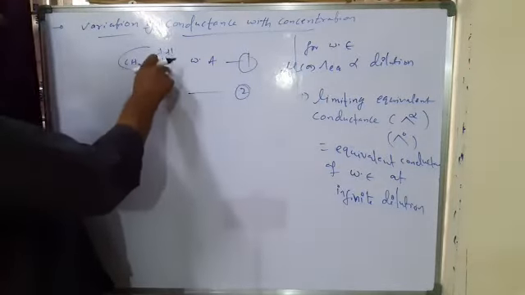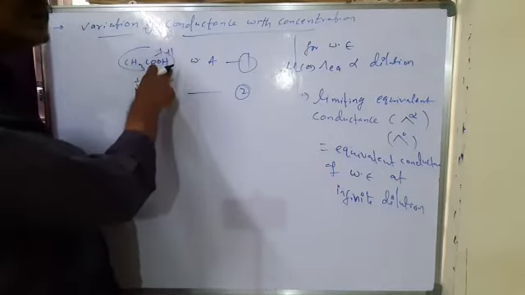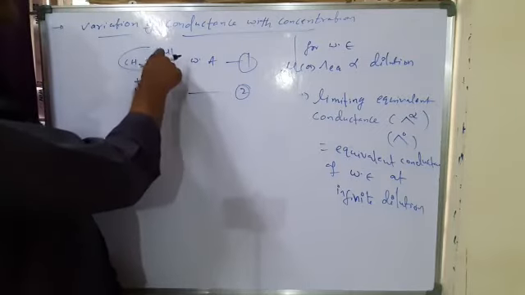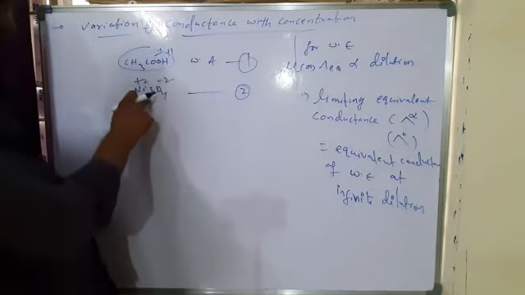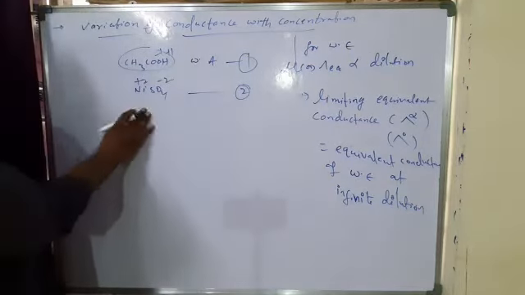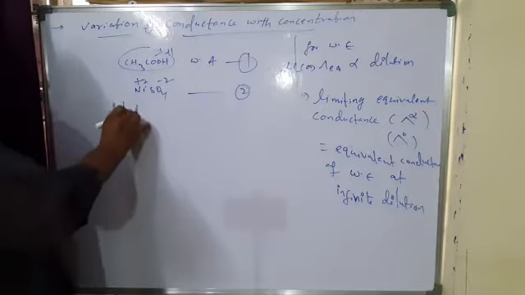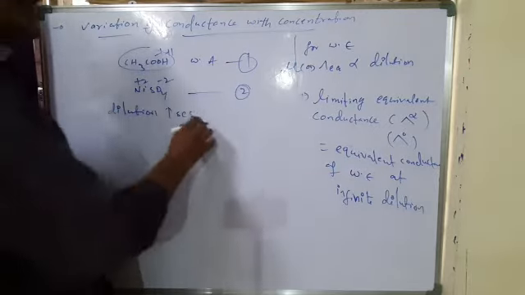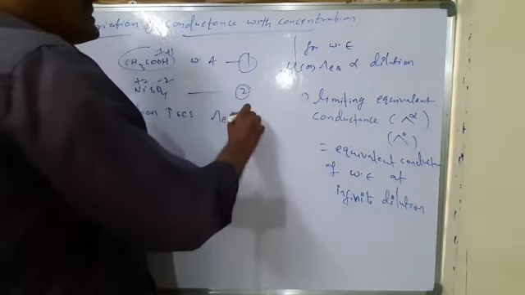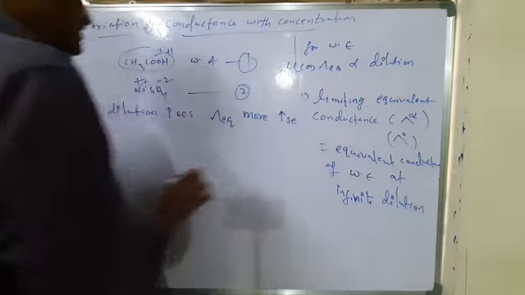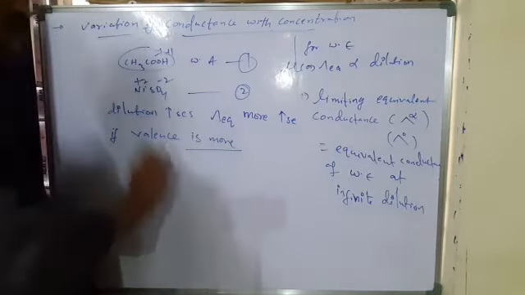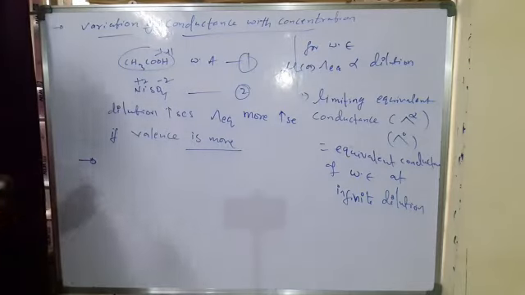For this case the equivalent conductance increases with dilution, but in the higher-valence case, as dilution increases, the equivalent conductance increases more, if valency is more.